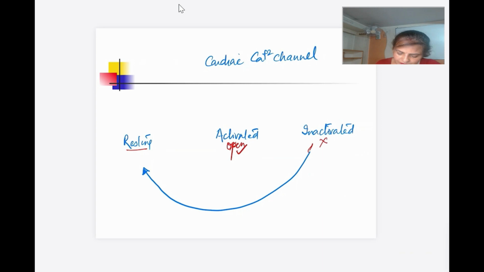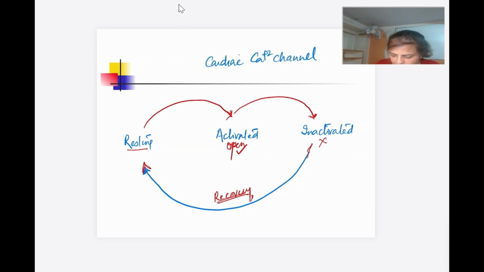From this to this, it will happen only once the channel recovers from the inactivated state. From inactivated, it has to recover and come to the resting phase, and then it gets activated, and then it goes to the inactivated.